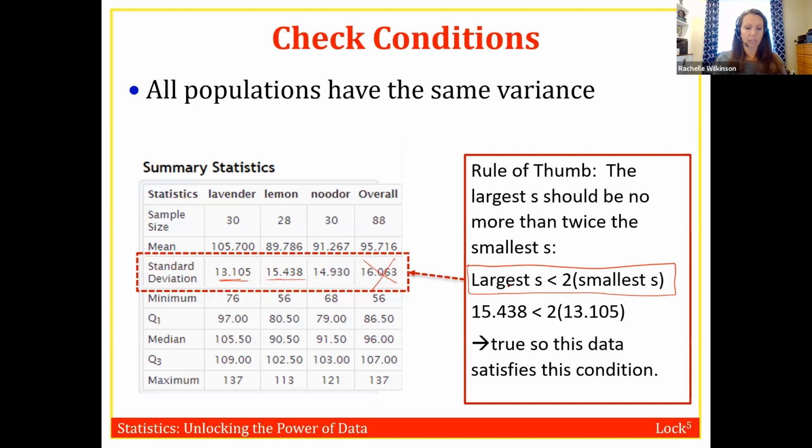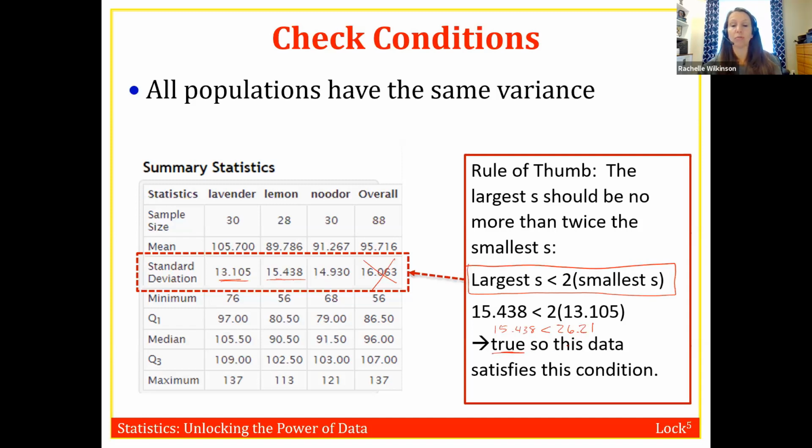So if I take 2 times 13.105, I get 26.21. So my inequality becomes 15.438 less than 26.21. Once I've done all the numbers, then I look and say, okay, well, is this a true statement? Is 15-ish less than 26-ish? Yes, it is true.